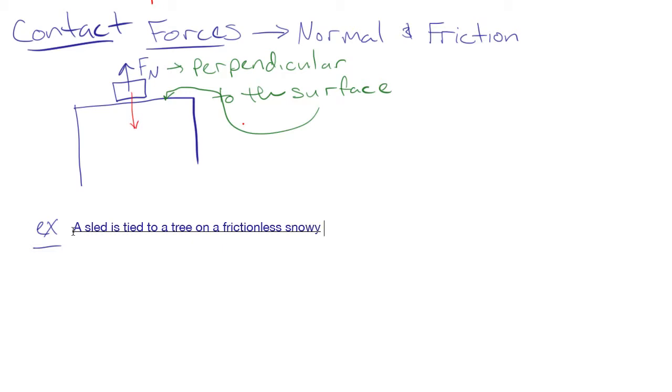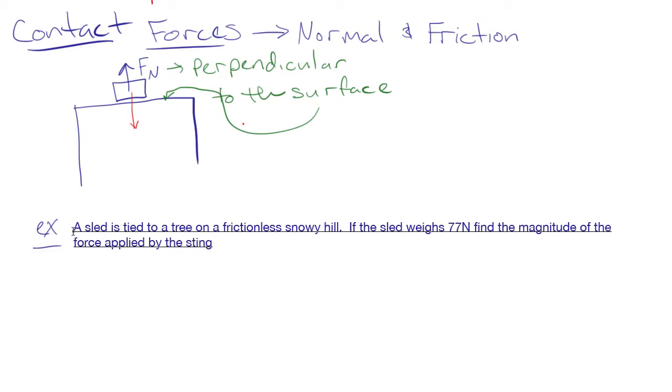So this example is: a sled is tied to a tree on a frictionless snowy hill. If the sled weighs 77 newtons, I want you to tell me the magnitude of the force applied by the string that's holding the sled in place, and the normal force.